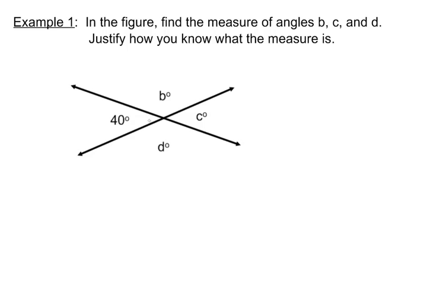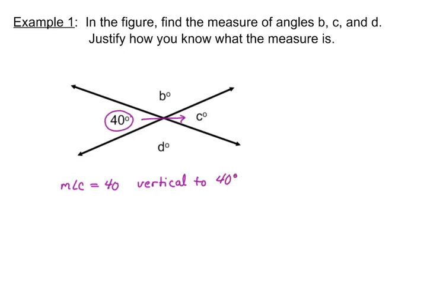Okay, so first of all, I know that this angle is 40. So since C is a vertical angle, it's across from it, I know that the measure of angle C is also equal to 40, and the reason is because it's vertical to the 40 degrees.